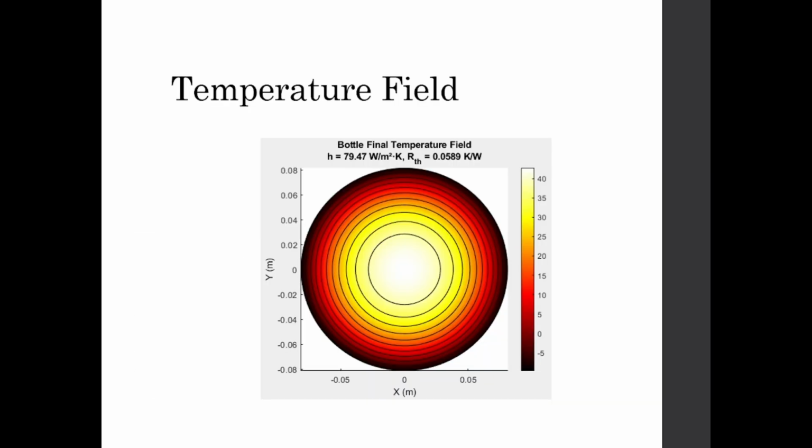The temperature field of all of our models looks similar below, where essentially the highest temperature is at the center of the water, and then it decreases in temperature getting towards the boundary condition.